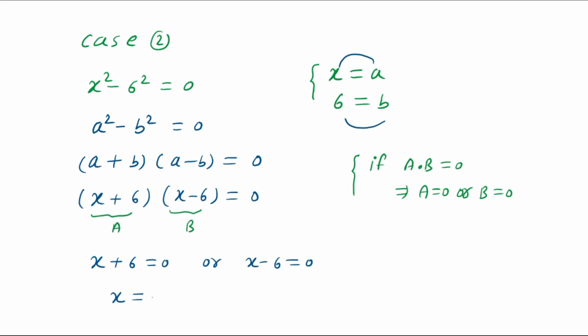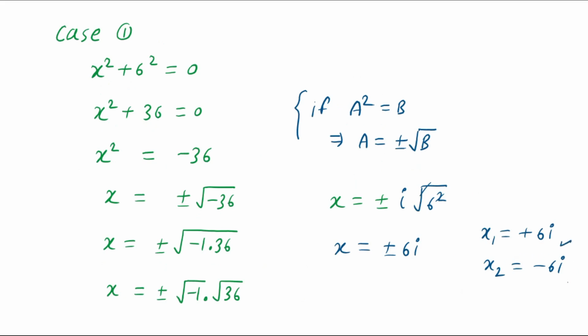Then value of x is equals to minus 6, or value of x here 6. So here our third solution x3, this is equals to minus 6, and fourth solution x4, this is equals to 6. In this question we have two real solutions and two imaginary solutions.